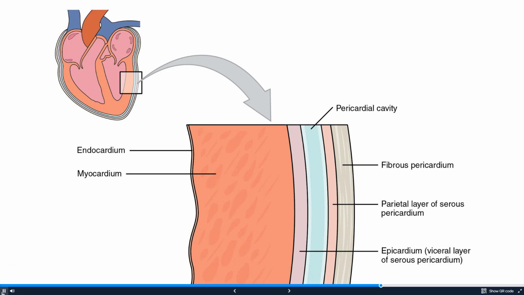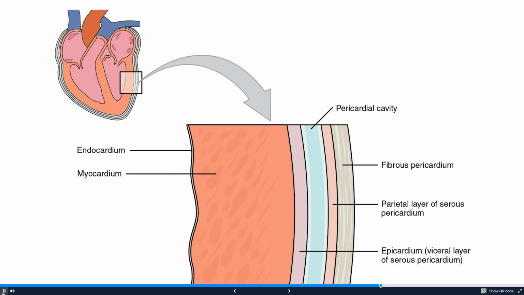Now, this picture also depicts the layers of the wall of the heart, and there are three. The outermost layer of the wall of the heart is the epicardium, which is another name for the visceral pericardium. The majority of the thickness of the wall of the heart is the myocardium, or the cardiac muscle layer of the heart.